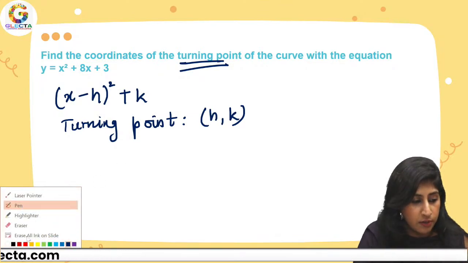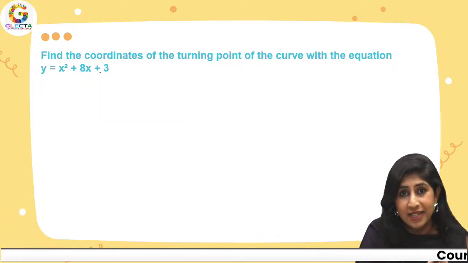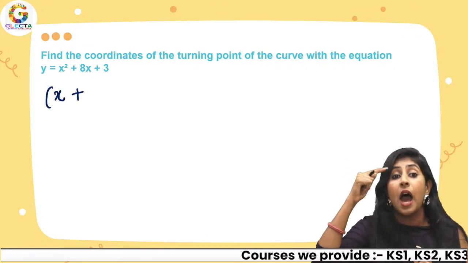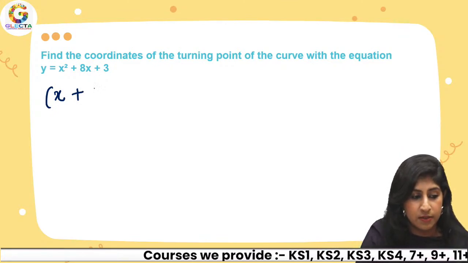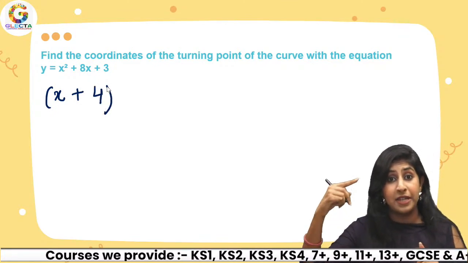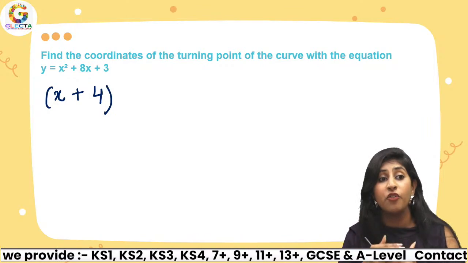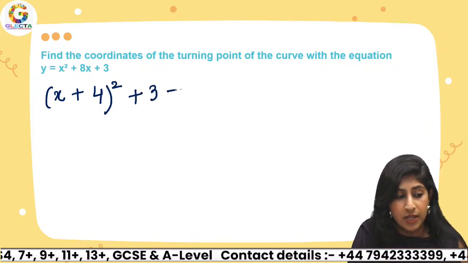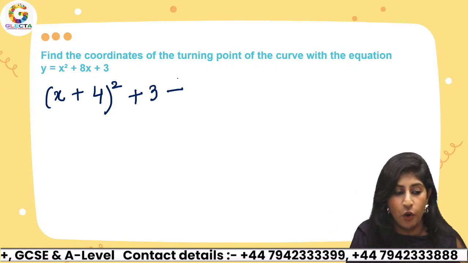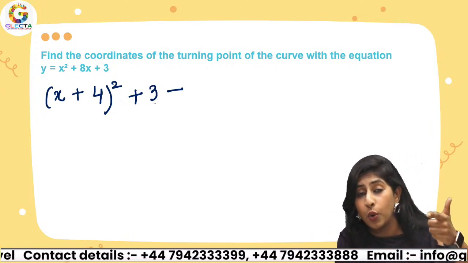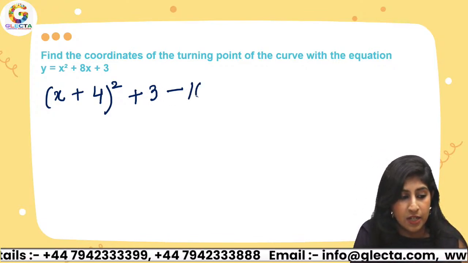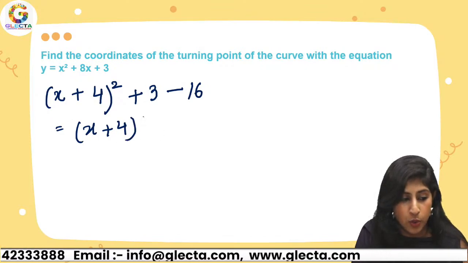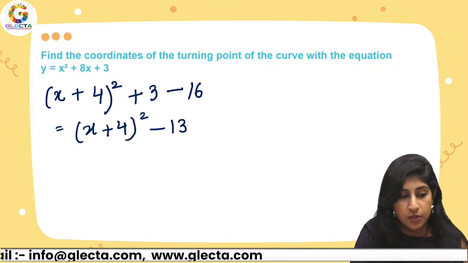So over here, x square plus 8x plus 3, this would be x plus half of 8, that is 4. I'm doing it mentally now, understand it. Half of 8 is 4, 4 square, plus 3 minus, again half of 8 is 4, 4 square, that is 16. So I get (x plus 4) whole square minus 13.